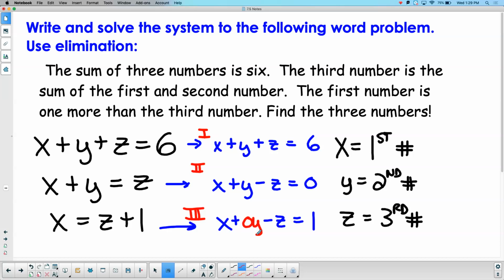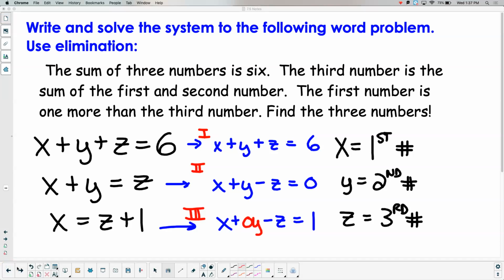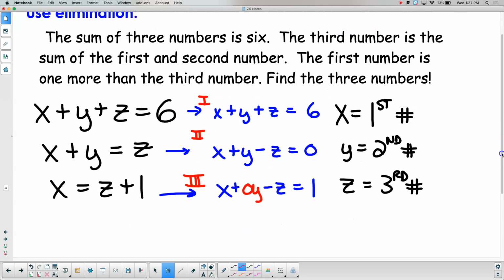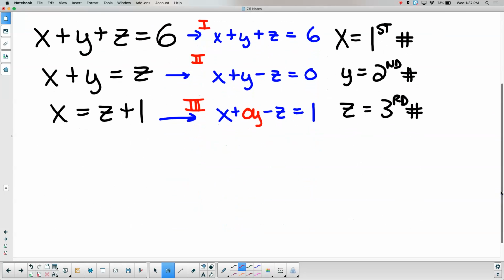Solve by elimination. What do you want to eliminate? X or Y or Z? X, okay. So if I'm going to eliminate X, I'm going to go equation number 1 plus negative 1 times equation number 2 first.